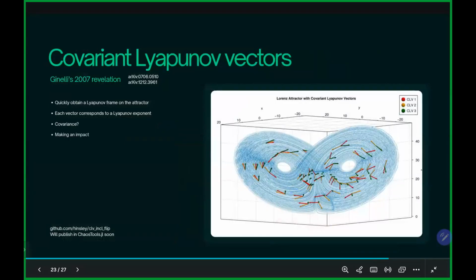And to go further than the Lyapunov exponents, in 2007, not me, but Ginelli gave an algorithm to actually figure out what direction your expansion and contractions are in. These are called covariant Lyapunov vectors. And these live in the ambient tangent bundle restricted to the attractor. They're frames, and they're global frames in the attractor, or at least on a covering space of the attractor.